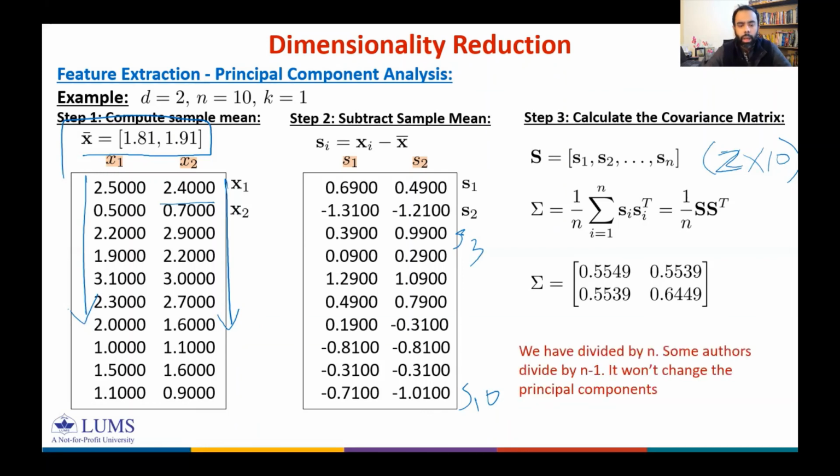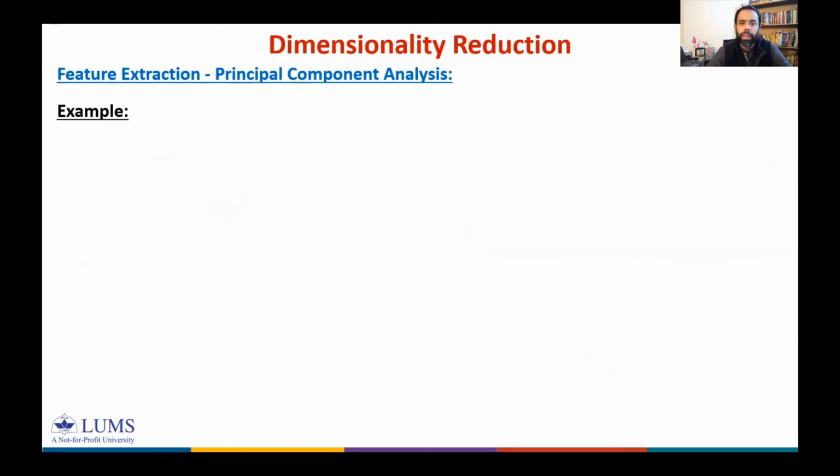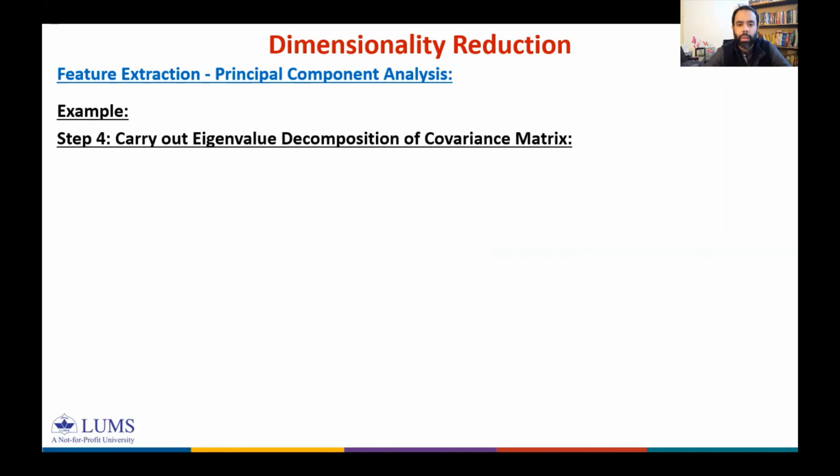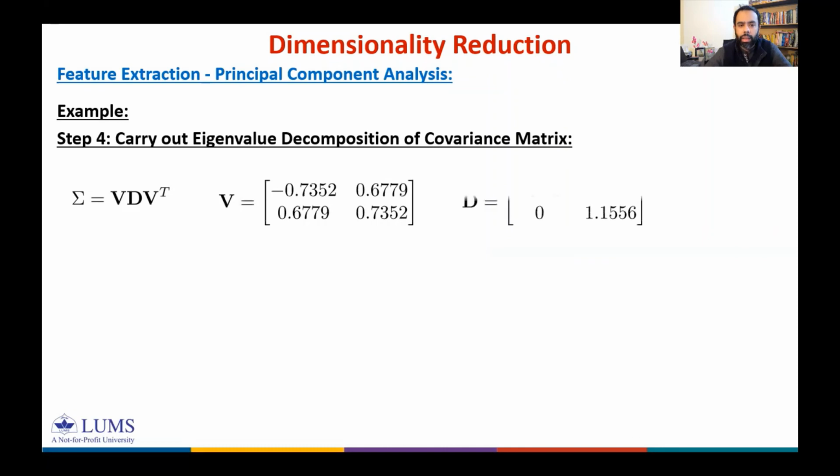Okay. So once we have this covariance matrix, what is the next step? We carry out eigenvalue decomposition of the covariance matrix. So we obtain V and G. If I compute V for this matrix, I get this, and these are the eigenvalues.